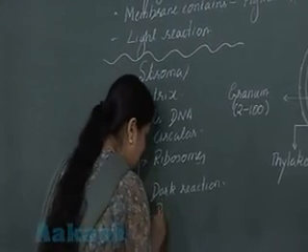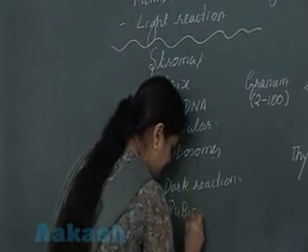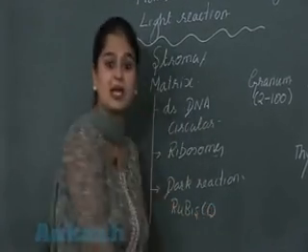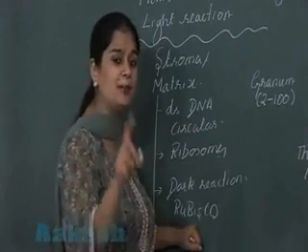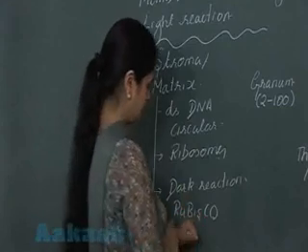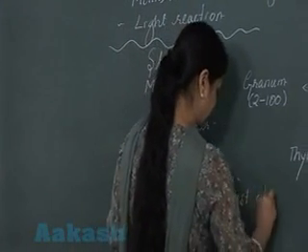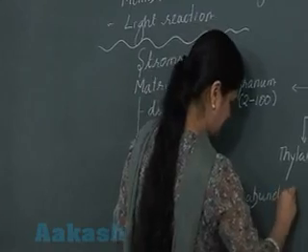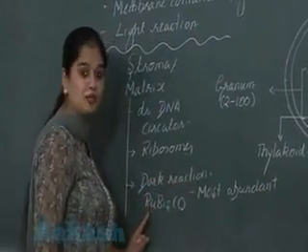The name of the enzyme is Rubisco. This important enzyme is present. Now the Rubisco is the most abundant protein in the organic world.